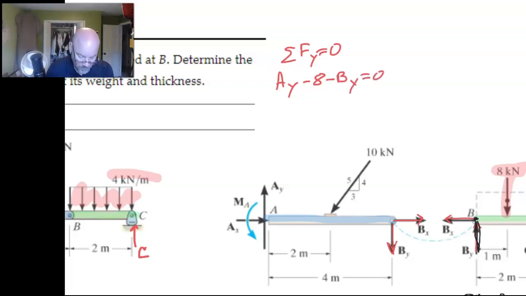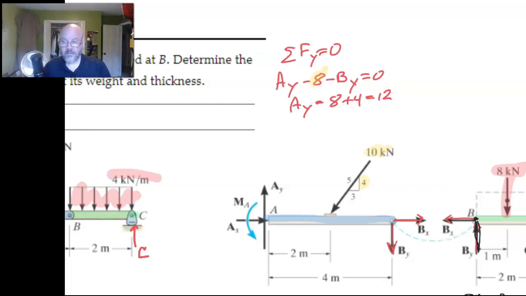Where's that 8 come from? Some of you might be wondering. It comes from this: it's a 10 kilonewton force, and my vertical component is 4/5 of that, so that gives me the 8. BY we've already figured out was equal to 4, and so what we learn is that AY, moving it all over, has to be 12.